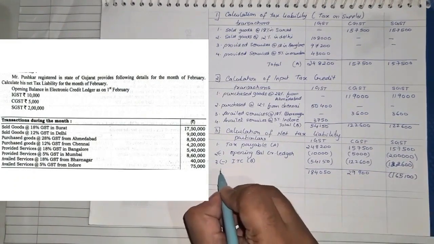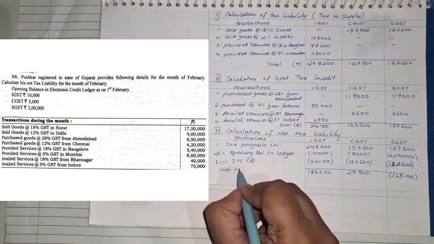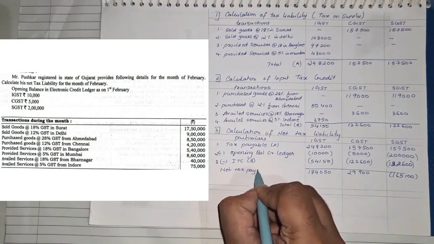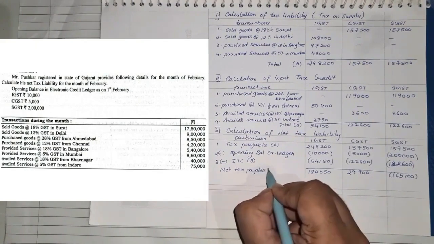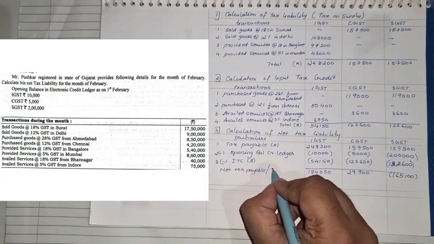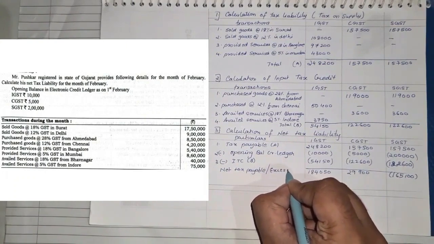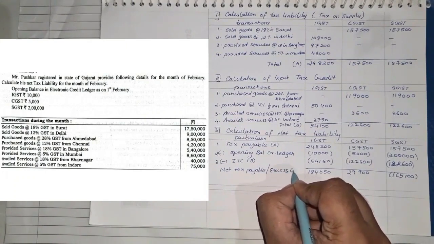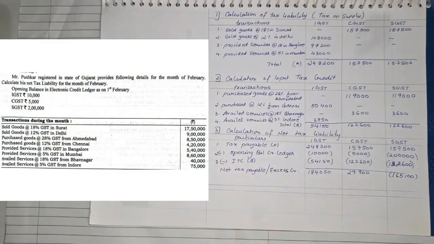So this is nothing but my net tax payable, or because one is negative, I can even write this as excess credit. This is called excess credit. Excess credit meaning I have paid more than what I have collected. Now this is the rule which you all have to remember.